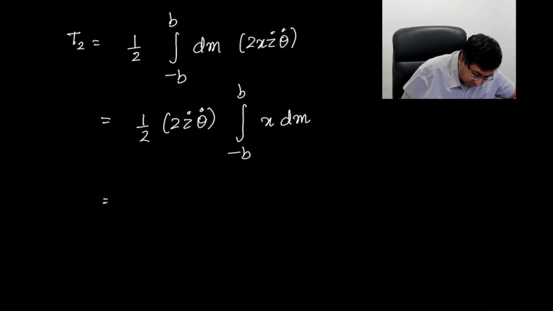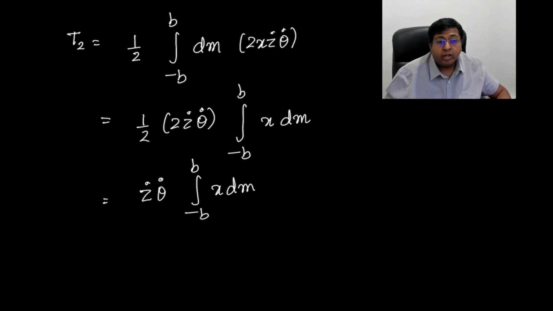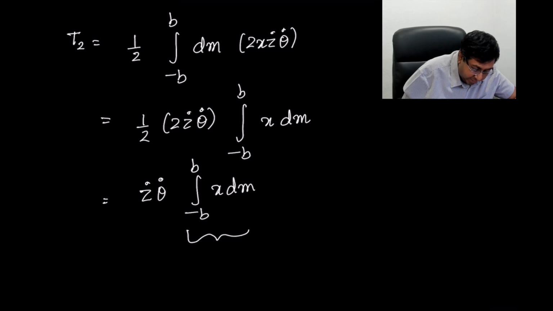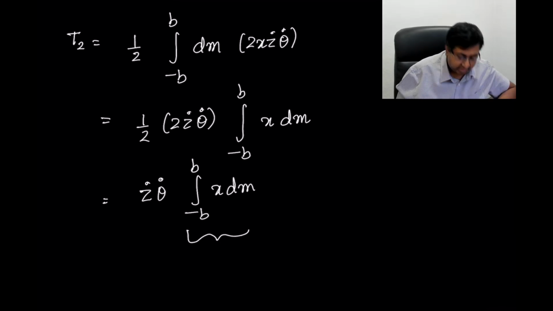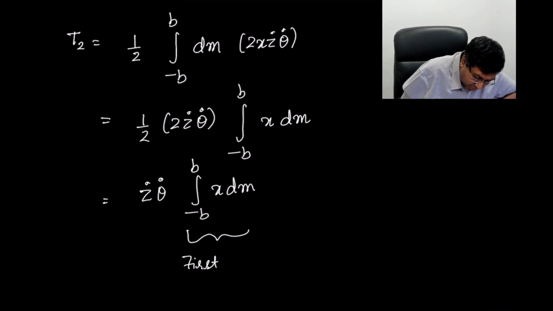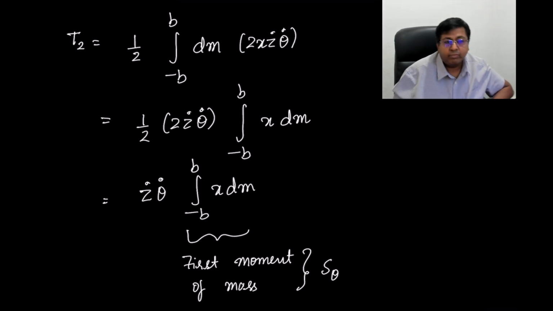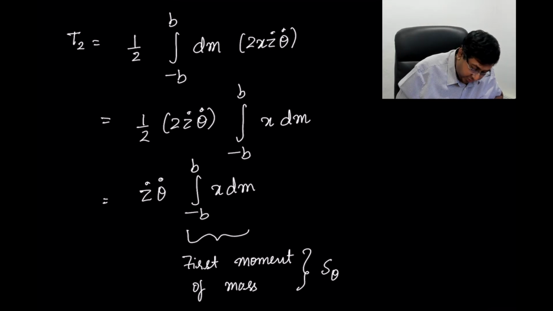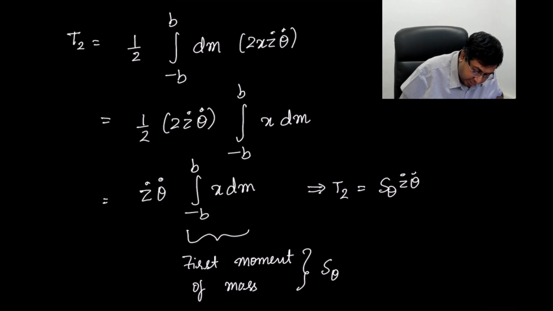Or in other words, this is z dot theta dot minus b to plus b of x into dm. Now we know that x into dm is nothing but the first moment of mass. So let me call this S theta. So T2 is S theta z dot theta dot.